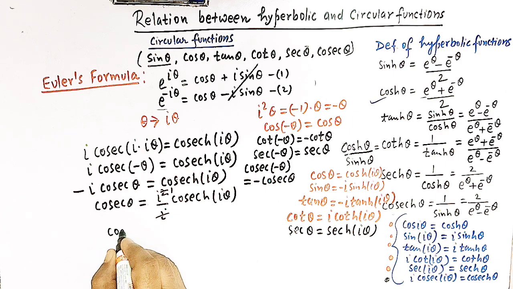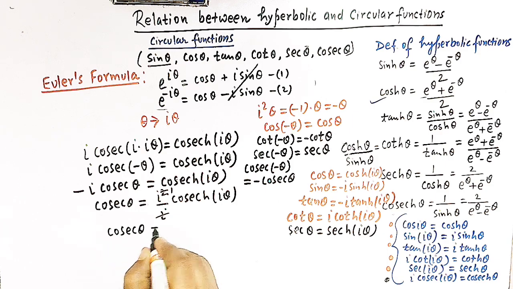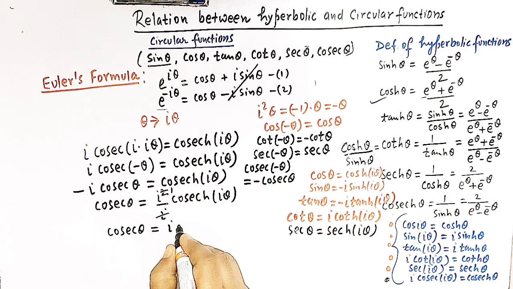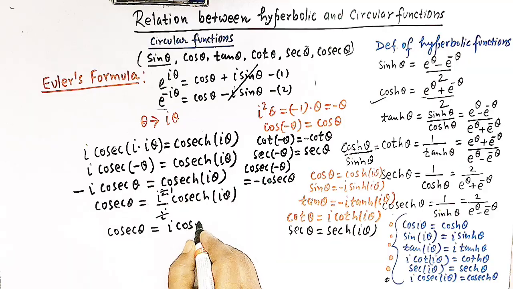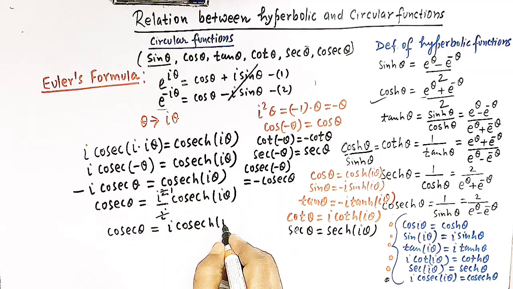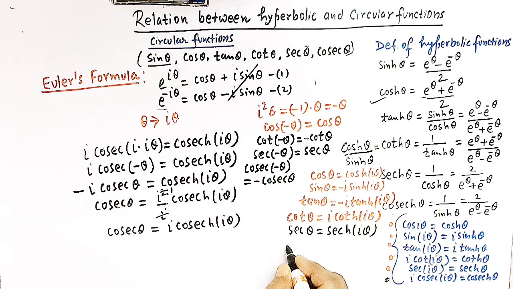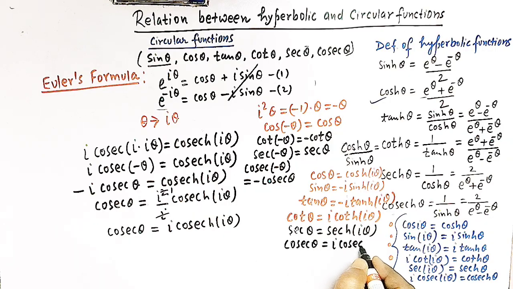So we have cosec theta equal to i times the hyperbolic cosecant of iθ. So our sixth relation is cosec θ = i csch(iθ), right?